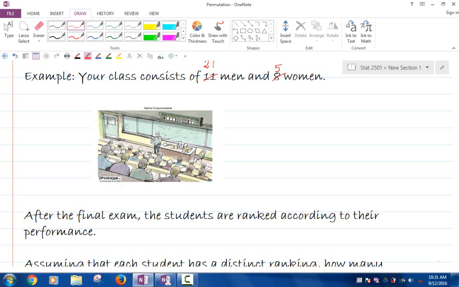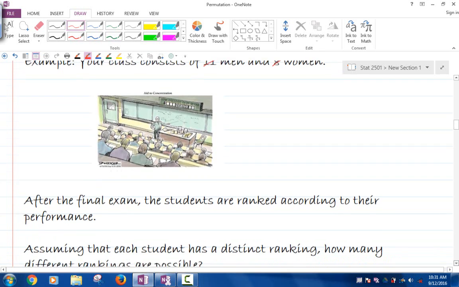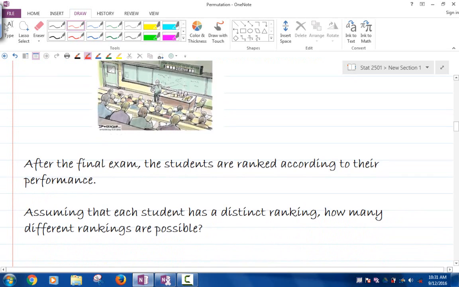So after the final exam, the students are ranked according to their performance, and assuming that each student has a distinct ranking, how many different rankings are possible? Is the question clear to you guys? How many different rankings are possible?